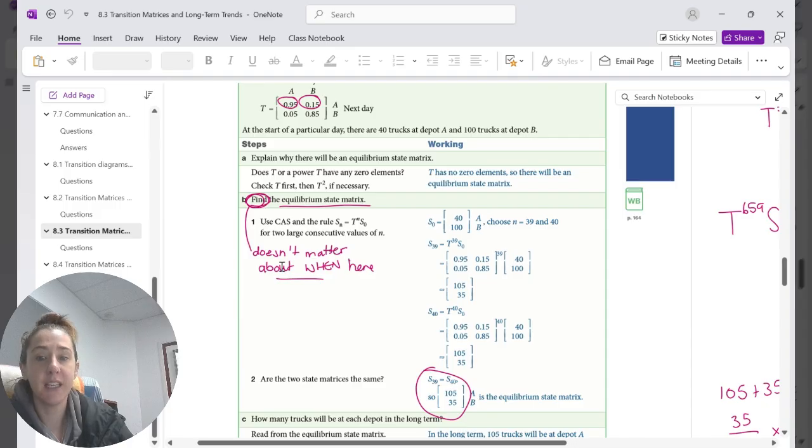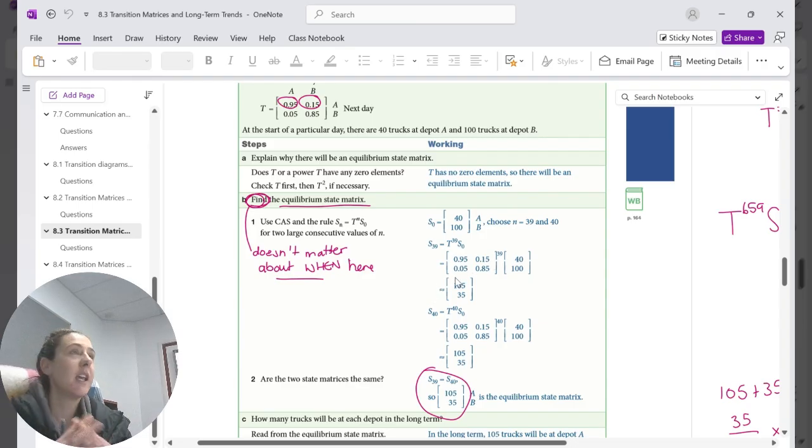All right, we're going to find it. It's not about the when. It actually doesn't matter how many iterations you are choosing to do. It just wants to know what that matrix looks like as a solution, what values you're getting in there when it hits that equilibrium state. So we've got our S0, our initial state matrix, which we took from the question. We've already been given our transition matrix.